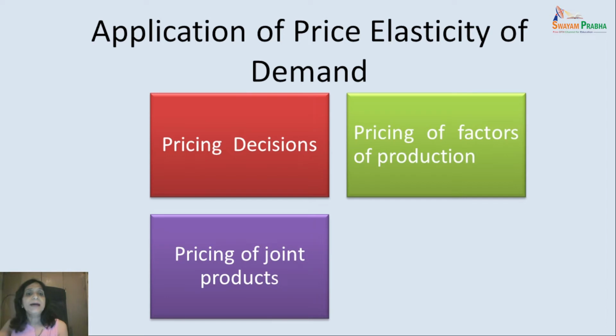Another important application of elasticity of demand is in the pricing of joint products. What are joint products? Sometimes the production process is such that two things get manufactured together. For example, if you are into sheep farming, wool and meat of the sheep come together.